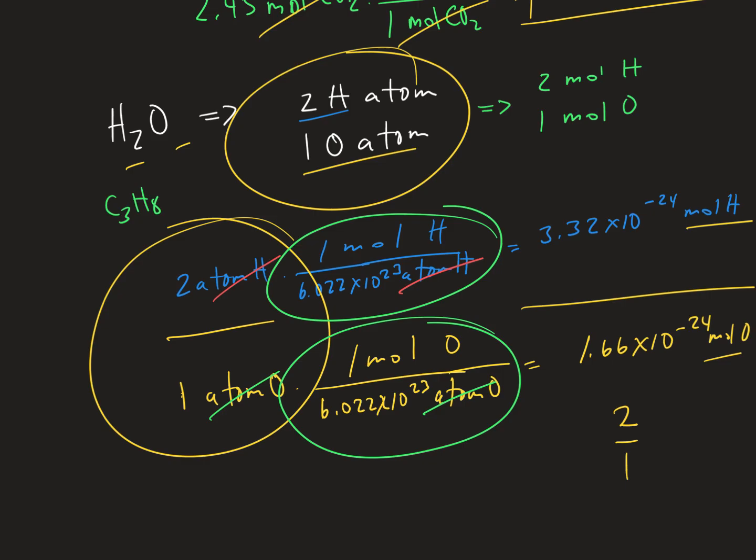Teacher, can you explain again before we continue? Explain what? The minus 24 is from the one that is in blue, right? That's why it's minus 24. Because we're dividing by 10 to the 23.